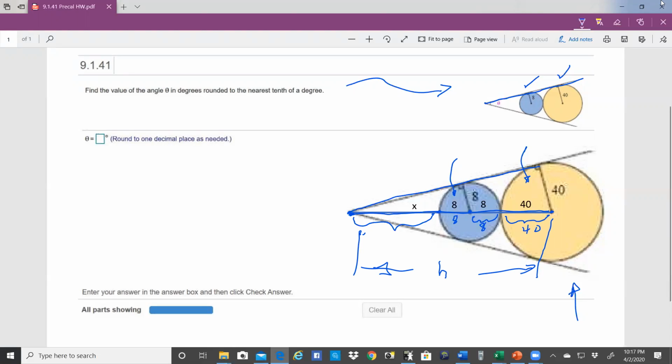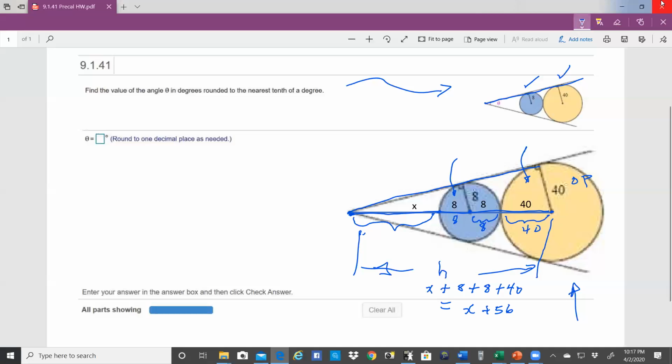And the hypotenuse is going to be x plus 8 plus 8 plus 40, which is equal to x plus 56. And notice for the larger triangle, the opposite side is 40.